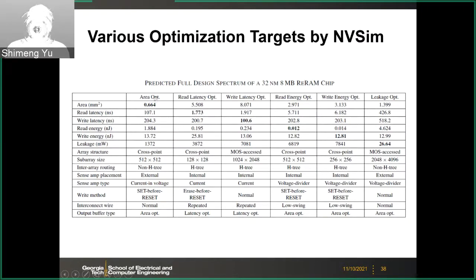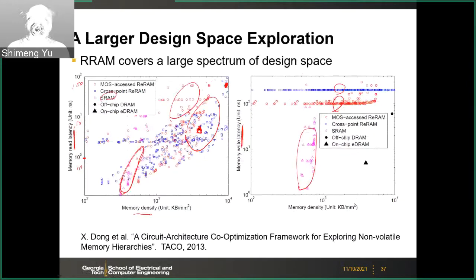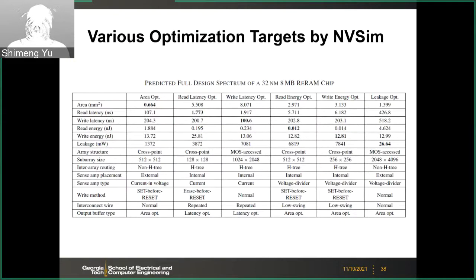here are a few design points selected from that spectrum, if you want to optimize for certain metrics. So you will pick the point from the spectrum. For example, here, if you want to optimize for the area, this is the same design target, an 8 megabyte RRAM cache. If you want to optimize for the area, then you get the smallest area. But then those are the properties that you trade off with the small area.